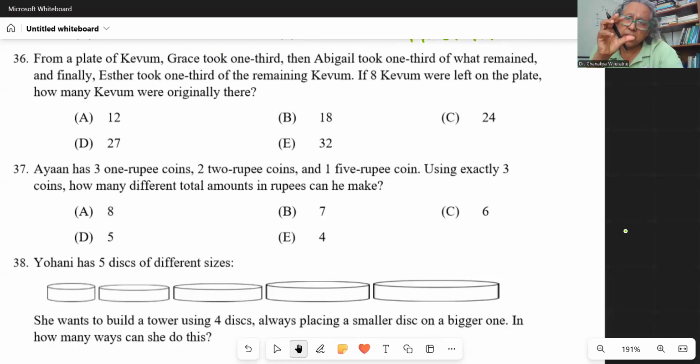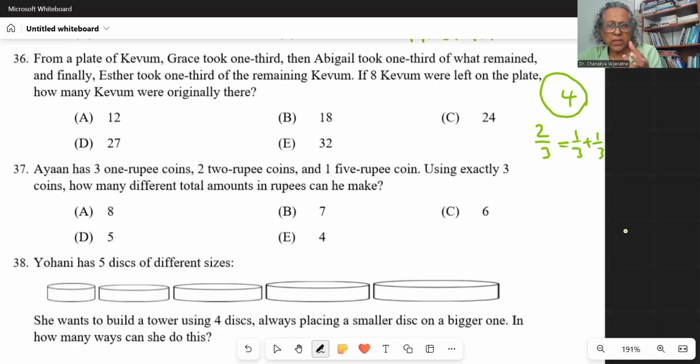So 2/3 is 8. So if you divide it by 2, we get 4, and that is the 1/3, because 2/3 is 8, right? So this is like 1/3 plus 1/3. So to find the 1/3, we divide 8 by 2, right?